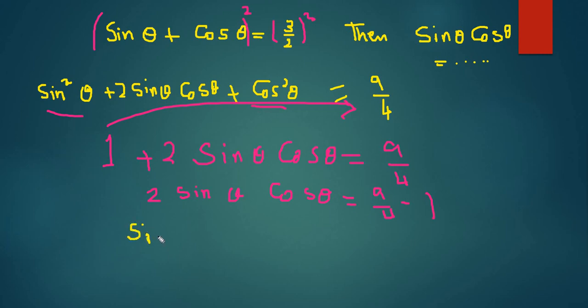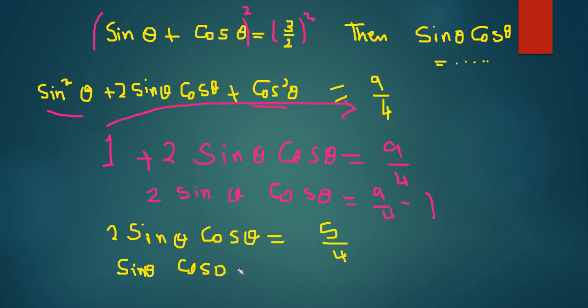Therefore, sine theta cosine theta equals 5 over 4 divided by 2 on both sides. We get sine times cosine equals 5 over 8 on the right hand side. This is the final result.